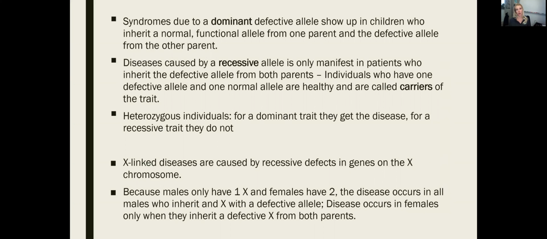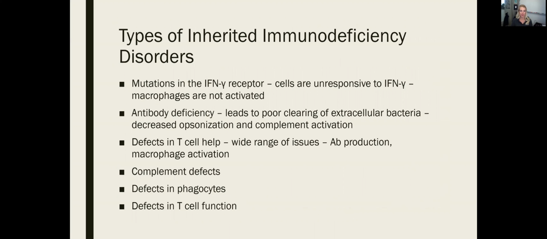A female is going to have less of a chance of presenting with a full immunodeficiency because they could have only one bad copy of that X and one good copy of that X. Whereas a regular binary male with XY has a higher chance of having immunodeficiencies if it's X-linked because they only have the one X chromosome. So no different than any other inherited disease.